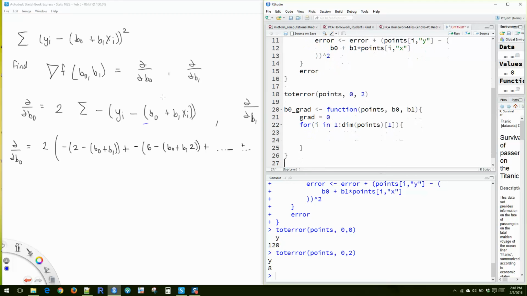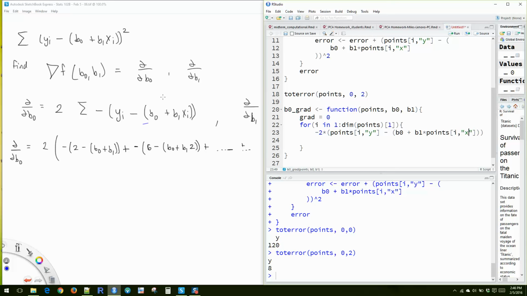what will we do? We're going to take minus 1 times, we want our y sub i, so points at i of y minus, I'm sorry, this should be negative 2 because of the 2 out in the front, minus the quantity b0 plus b1 times points at i comma x.